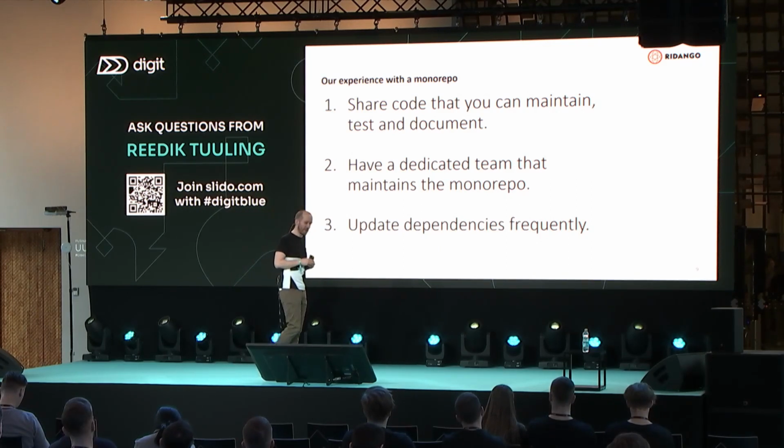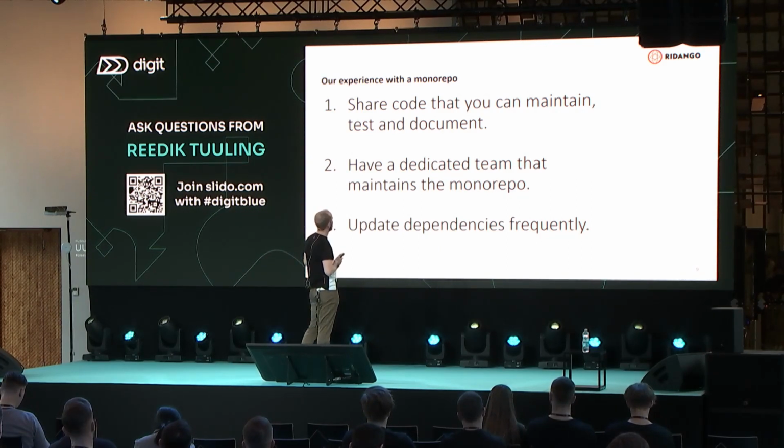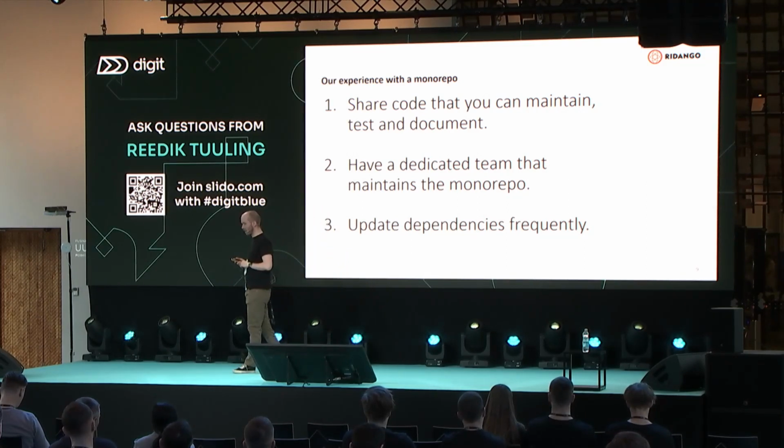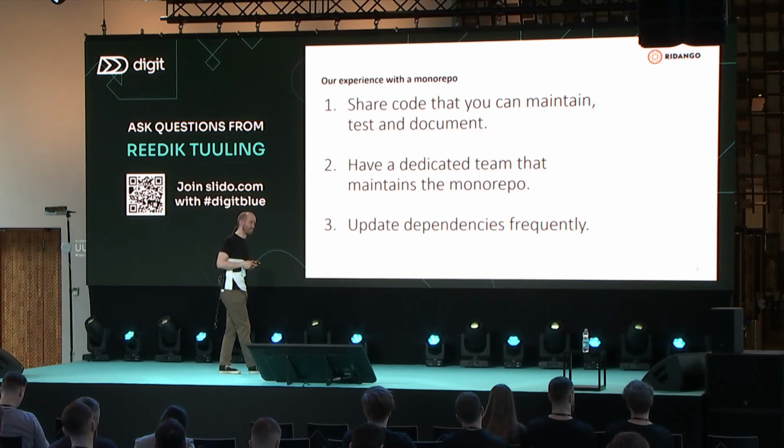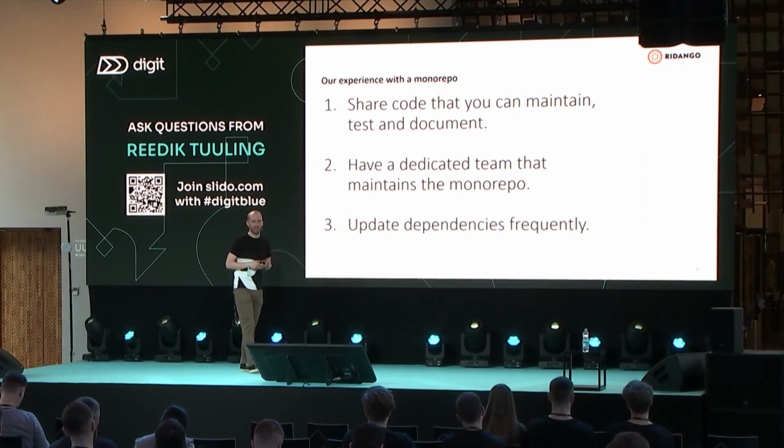This didn't really work because if you write a lot of code but you don't have time to maintain, test, and document it, it becomes more of a burden than it is helpful.